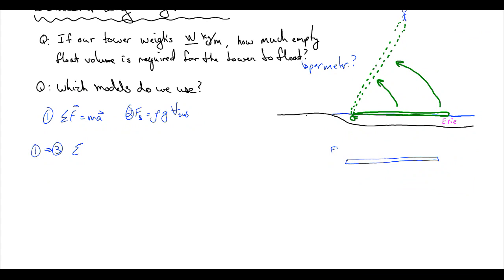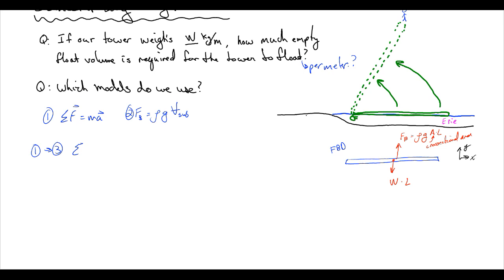We have some kind of force, which is going to be our weight, W, kilograms per meter, times our length. And we know that we're going to have some buoyant force, FB, which is equal to rho g times, and we're going to break this up a little bit, we're going to call it A times L, where A is the cross-sectional area and L is the length.